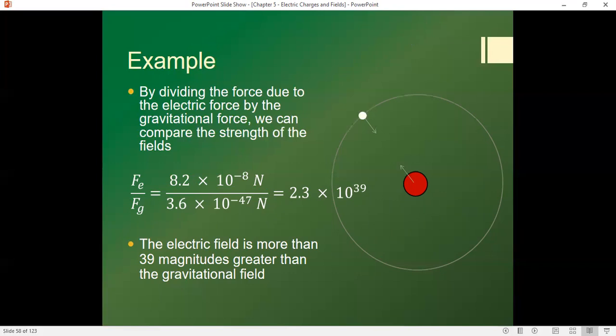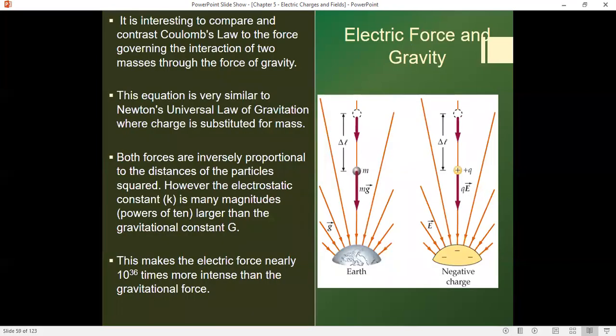But the gravitational force is always attractive, so it just gets bigger and bigger and bigger as we add more and more mass, okay? But again, our electric force does have, if you want to say per kilogram, even though it doesn't act on mass, and kilogram is a measure of mass, particle for particle, the electric force tends to be a much stronger force, okay?